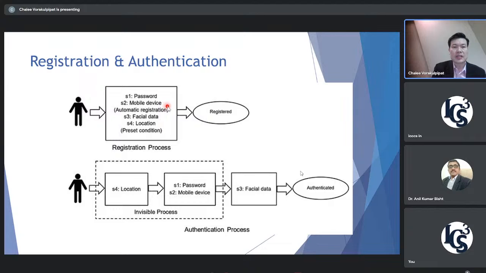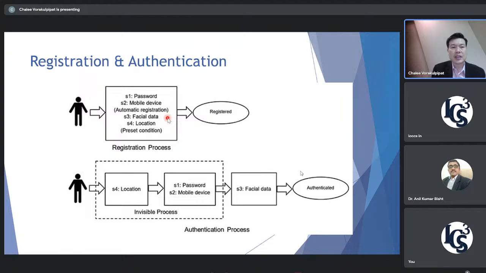Okay. Second is the mobile device. They don't need to input the IMEI or MAC address manually because the system can retrieve this data automatically, right? The next one, facial data. Yes, they have to scan their facial data manually. And the last one is location.